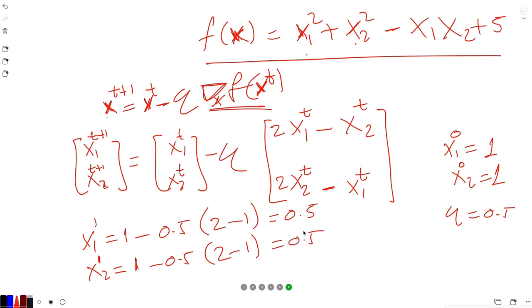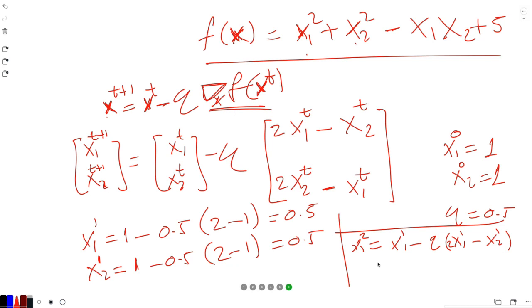Okay, now we substitute in the next one. So x1 at 2 equals x1 at 1 minus eta times 2 x1 at 1 minus x2 at 1.